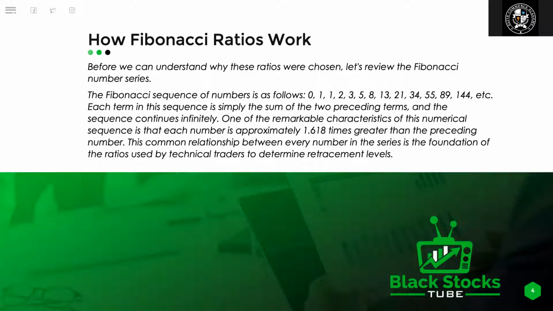One of the remarkable characteristics of this numerical sequence is that each number is approximately 1.618 times greater than the preceding number. This common relationship between every number in the series is the foundation of the ratios used by technical traders to determine retracement levels.